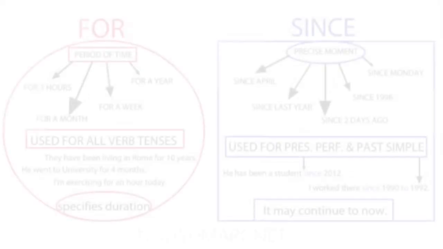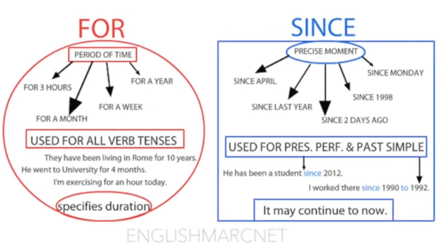Hello there, this is Mark again. Today we're going to look at the difference between for and since. As you can see from the graph, for is used for a period of time, like for 3 hours, for a month, for a week, for a year.